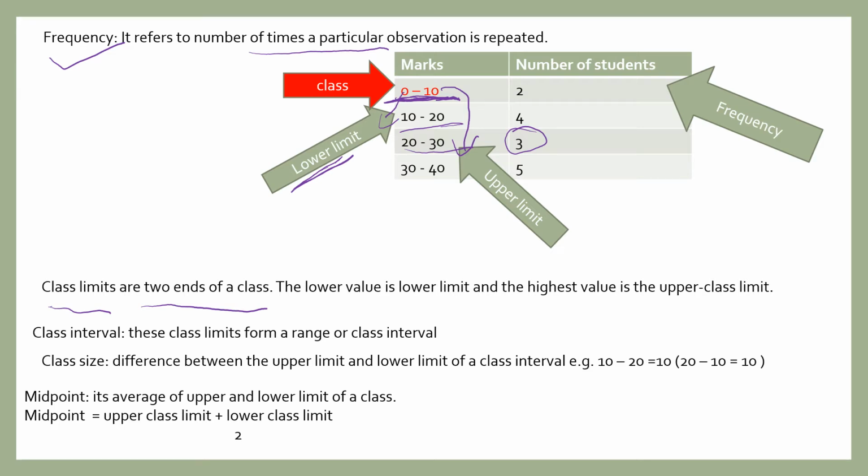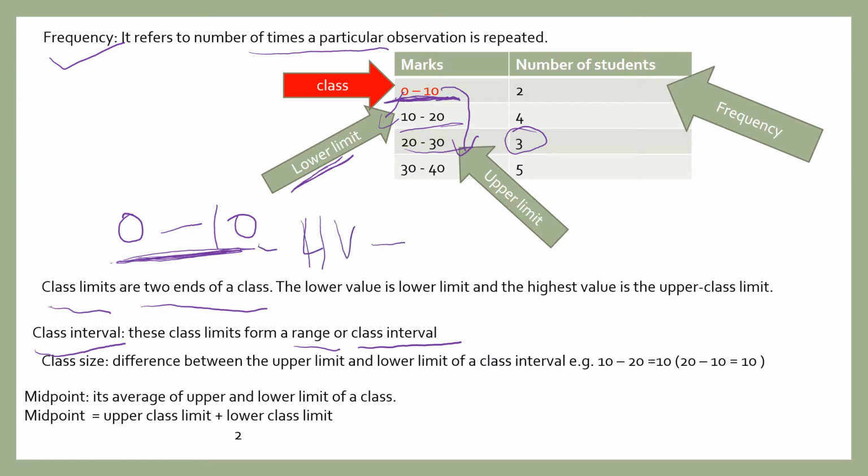Now what do you mean by class interval? These class limits form a range called the class interval. So what is the class interval? 0 to 10 we call class limits, an upper limit and a lower limit. Range means the difference between the highest value and the lowest value.